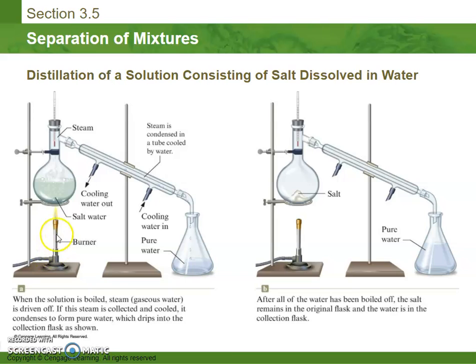As the water evaporates, as it boils, it will condense and go down this tube right here, and once it cools down, condense into liquid water, leaving the salt over here inside the flask because it does not evaporate, whereas the water evaporated and condensed again into pure water over here in this flask.